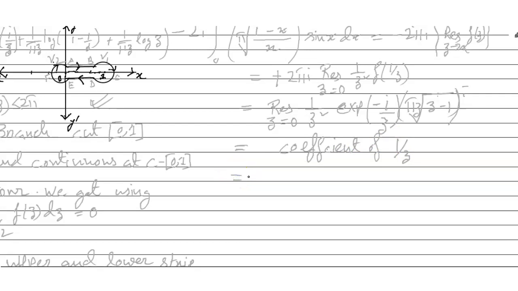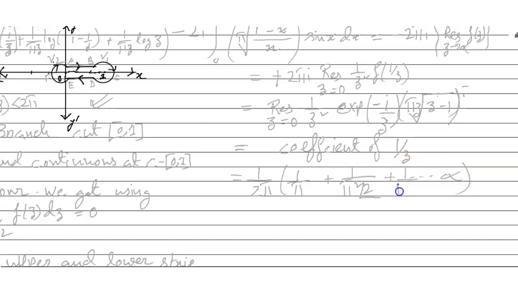When you get the coefficient of 1 by z, the value will become 2 pi, and 1 by pi plus 1 by pi square divided by 2 factorial, up to this way we can get this series.